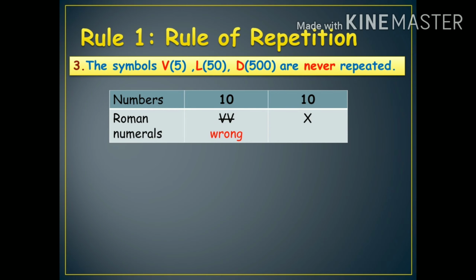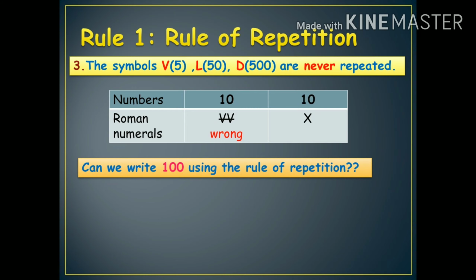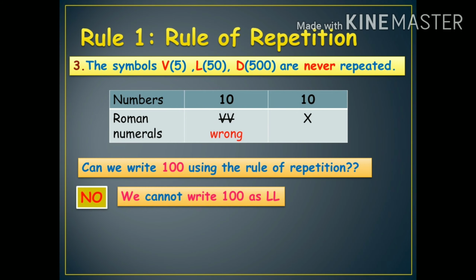No, it's wrong, as there is a special symbol to represent 10, that is X. Can we write 100 using the rule of repetition? No. We cannot write 100 as LL, as L is not repeated; there is a special symbol for 100, that is C.